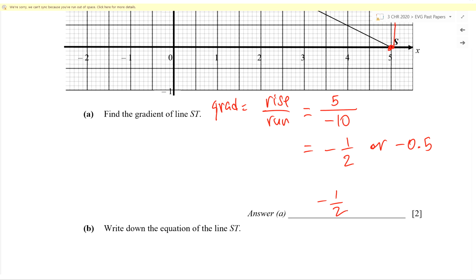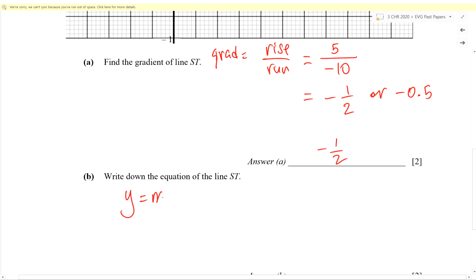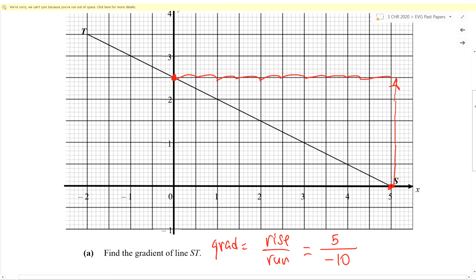Now that we have the gradient, we can start to write down the equation. The equation will look like this: y equals mx plus c, where we have to find the gradient and the y-intercept. The gradient, we already found, is negative half. Let's replace it. Y-intercept, go back to your graph.